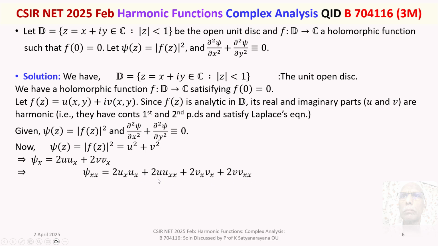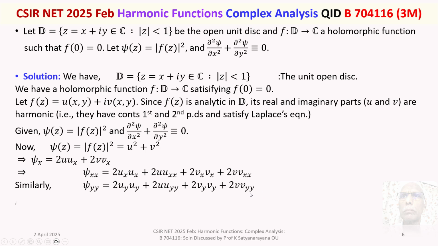Right. Similarly, like this we write psi yy is equal to 2 u y square plus 2u into u yy plus 2 v y square plus 2v into v yy.